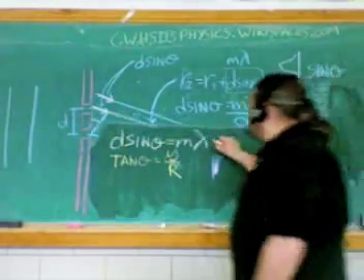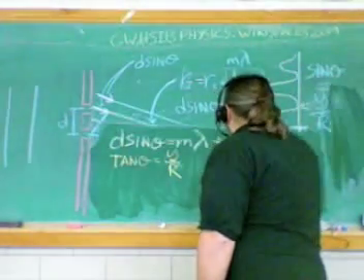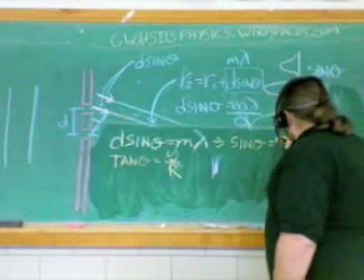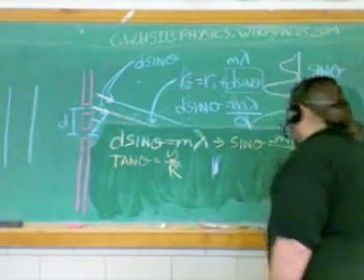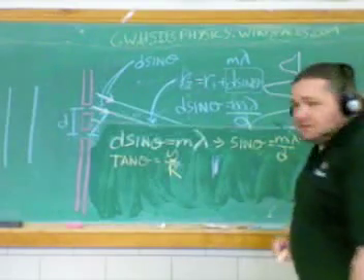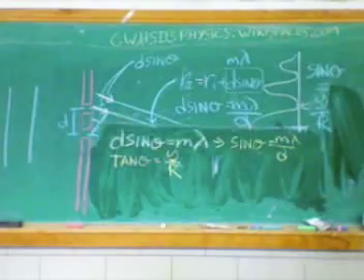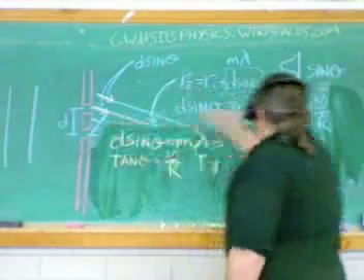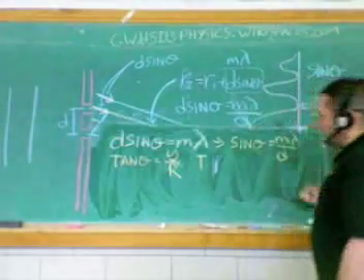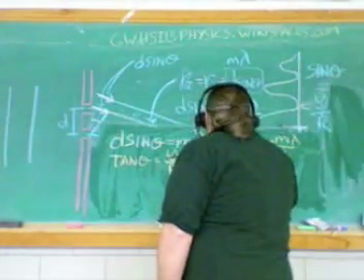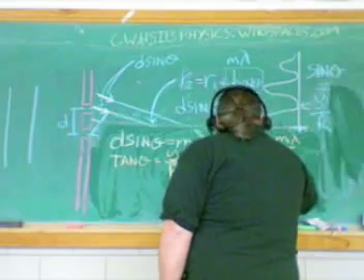So what I can say here is that sine theta is equal to m times the wavelength over d. Okay, and then I can say for very, very long distance, from this to this being huge compared to this, that tan theta is pretty much equal to sine theta.